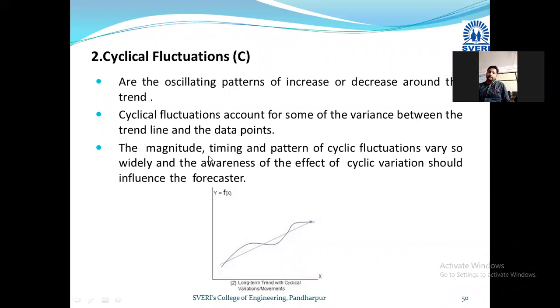The magnitude, timing and pattern of a cyclic fluctuation vary so widely, and the awareness of the effect of a cyclic variation should influence the forecasting. ये क्या बोलता है कि ट्रेंड तो पॉजिटिव है, but the actual demand is fluctuating around this particular trend. Okay, sometimes it is above the trend line, sometimes it is below the trend line. And that should be accommodated while doing the forecasting.